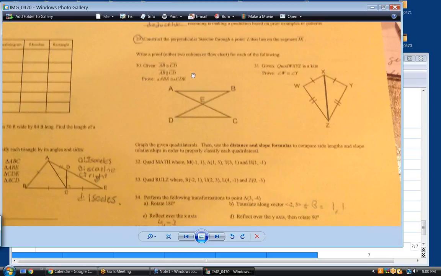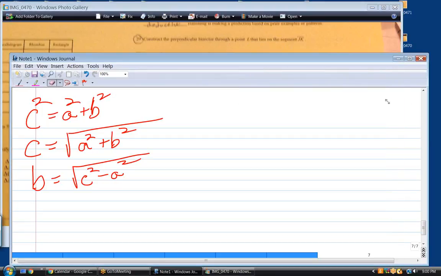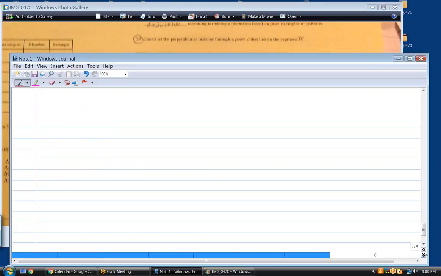So, all right. 29. Construct a perpendicular bisector through the point L that lies on segment JK. Okay. All of these construction problems start with a line. Just know that. Or two lines.